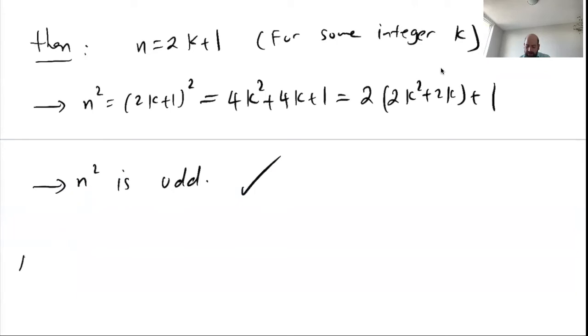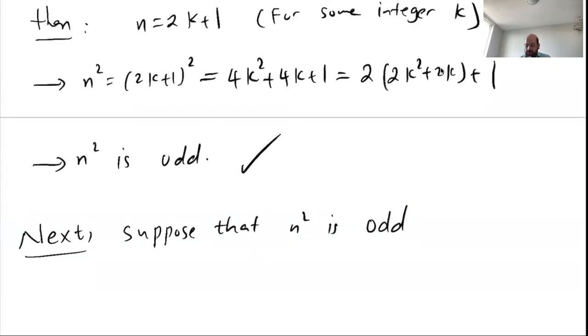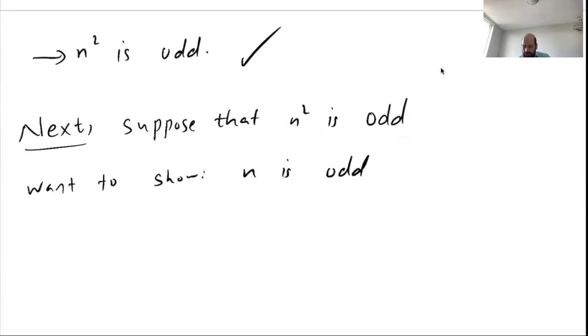Next, suppose that n squared is odd, so the other direction. We assume n squared is odd, and we want to show n is odd. We can do this with proof by contraposition or proof by contradiction, and the proofs were very similar. Let's say proof by contradiction.